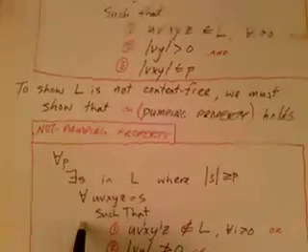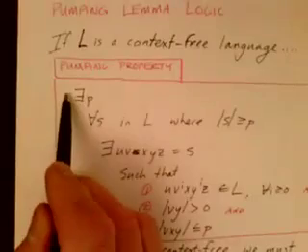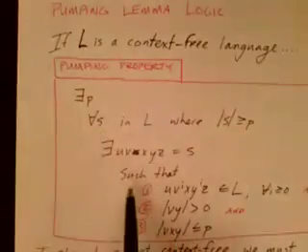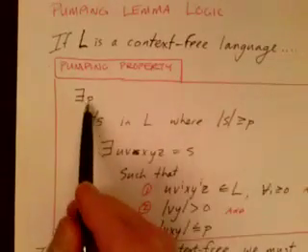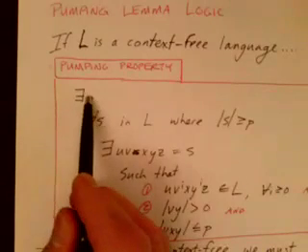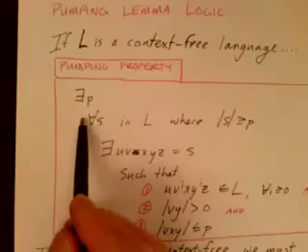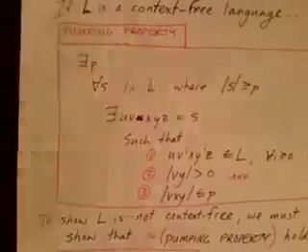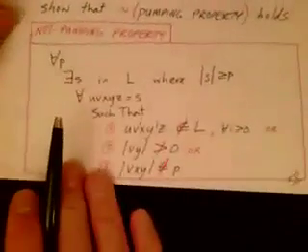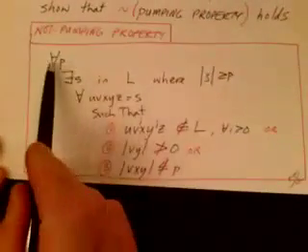So what I've done here is I've just put a not sign right here, and then I simplified it by pushing the not sign in. So this existential quantifier will become a universal quantifier, and so on. Putting the not sign in front of this whole pumping property, this is what we get.